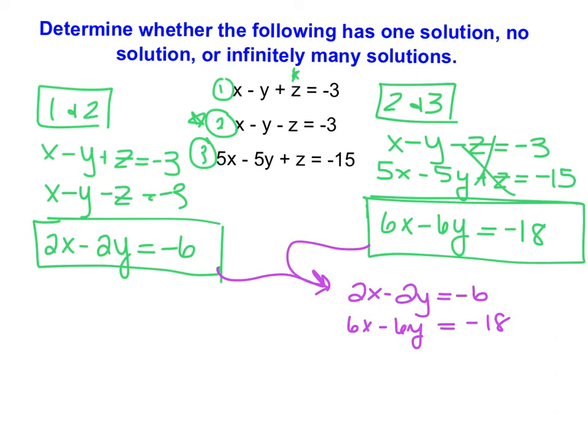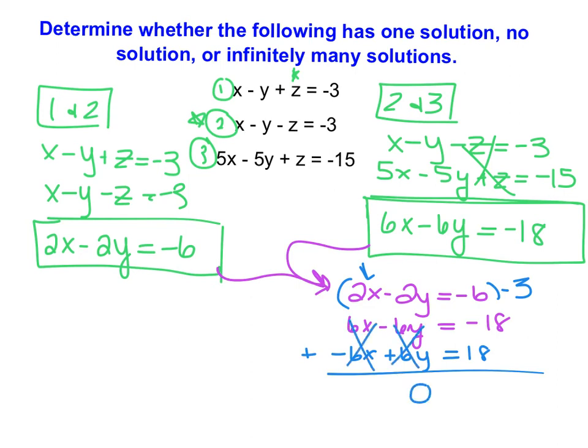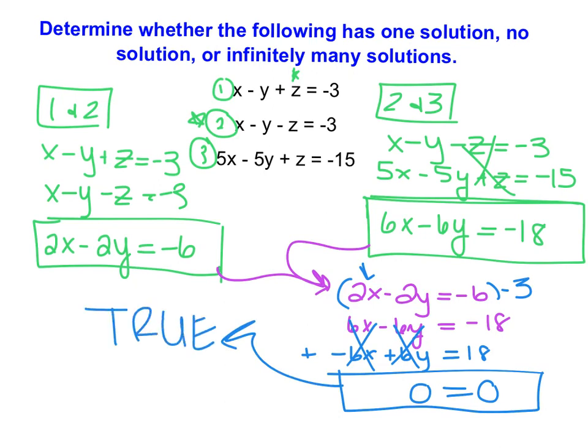What I'm going to do is multiply through that top equation by a negative 3 to get the coefficients for x to match. So this one becomes negative 6x plus 6y is equal to 18. If I add straight down, I end up with x's canceling and y's canceling, so I have 0 equals 0. I tried solving this, and I ended up with this statement of 0 equals 0. If you end up with this statement, and you notice that it is true, good.